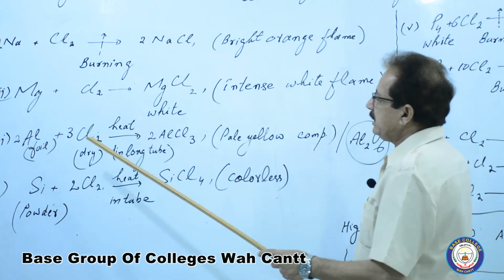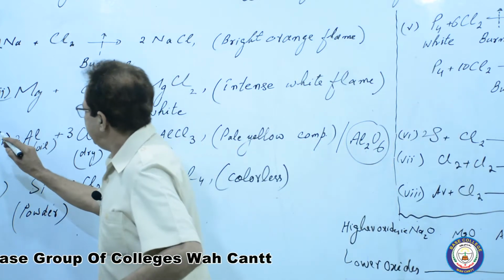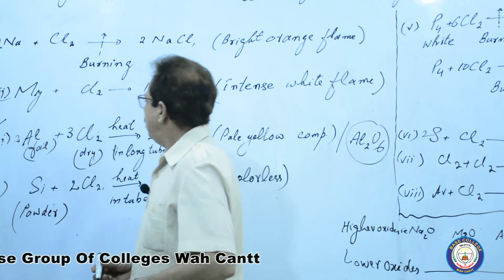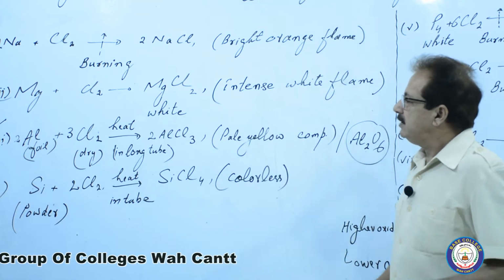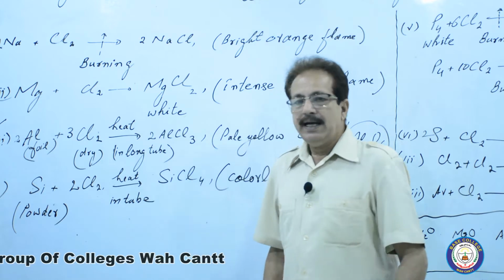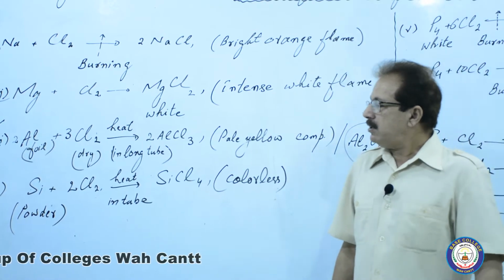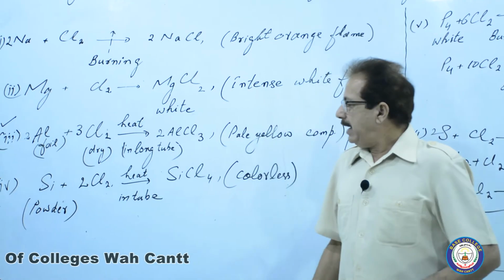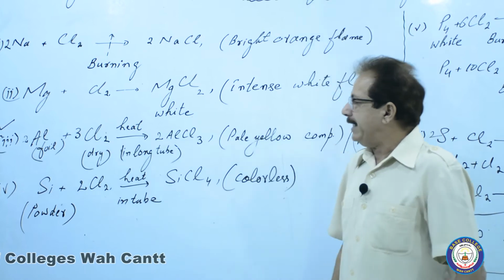Now, this one is a little bit important. This third reaction, aluminium with chlorine, is a little bit important. You have to take aluminium foil in a long tube, and then you will have to pass dry chlorine.